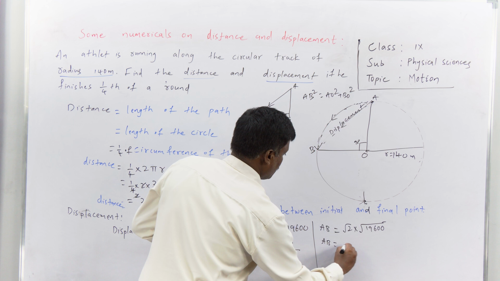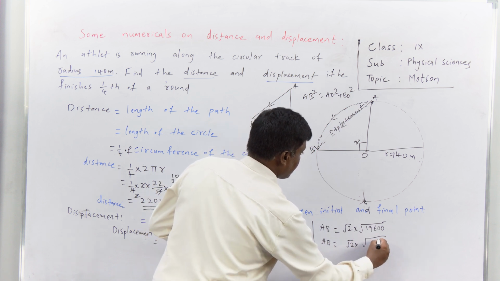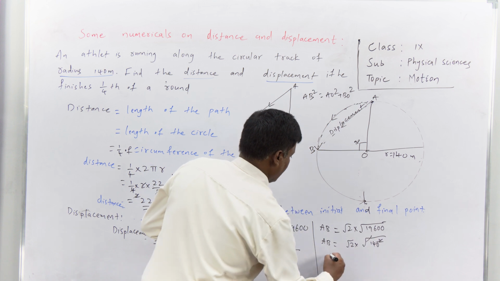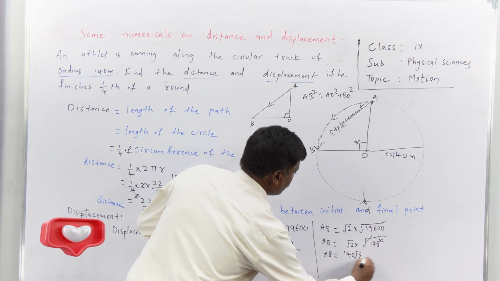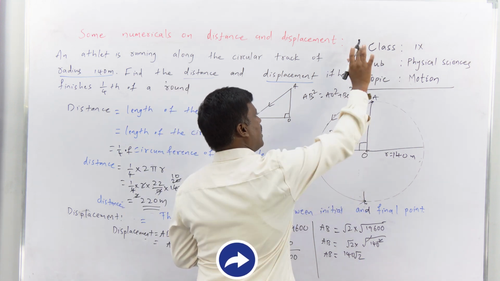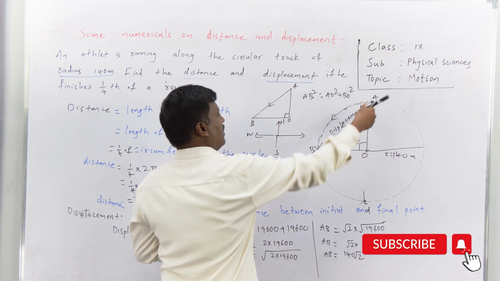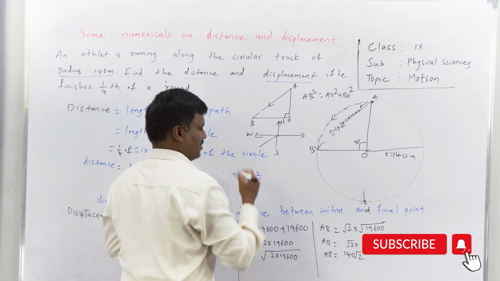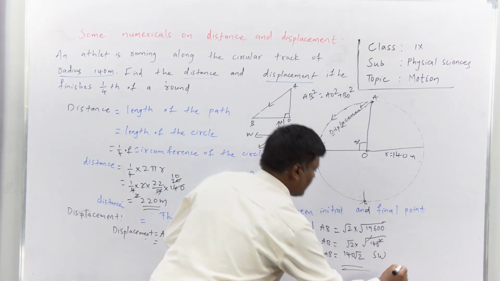Root 2 we write as it is, and 19,600 can be written as 140 square. The square and root cancel, so finally your answer is 140 root 2. Towards which direction? East, west, north, south? It is this way, so towards southwest. This is your answer.